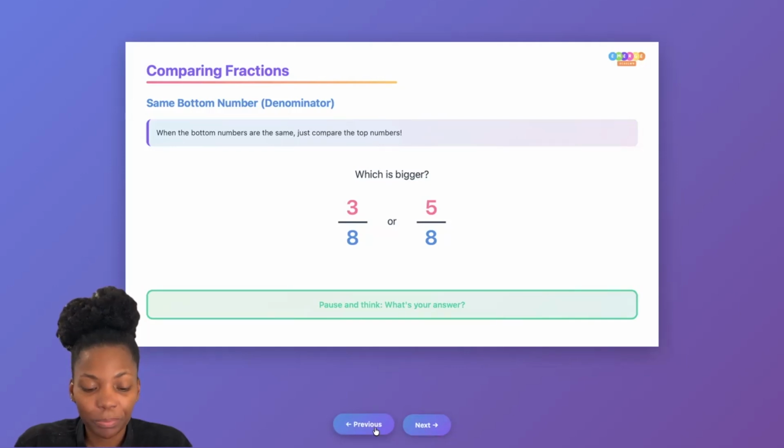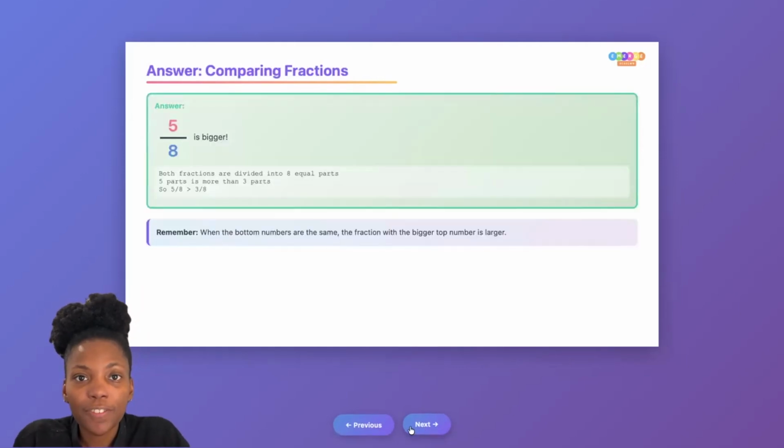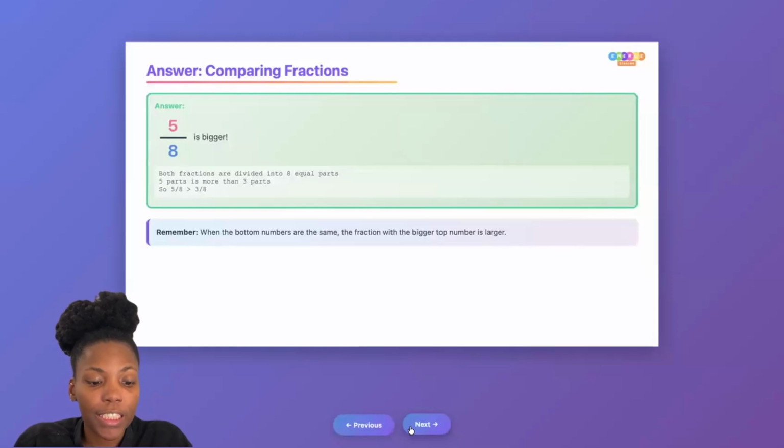Did you guess it right? Of course, it's 5/8. 5/8 is bigger. Both fractions are divided into 8 equal parts. 5 parts is more than 3 parts. So 5/8 is bigger than 3/8. Always remember that when the bottom numbers are the same, the fraction with the bigger top number is larger.